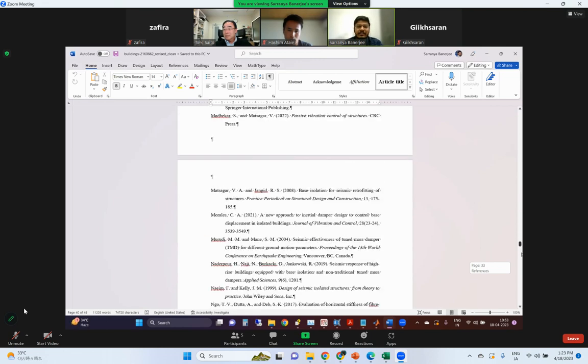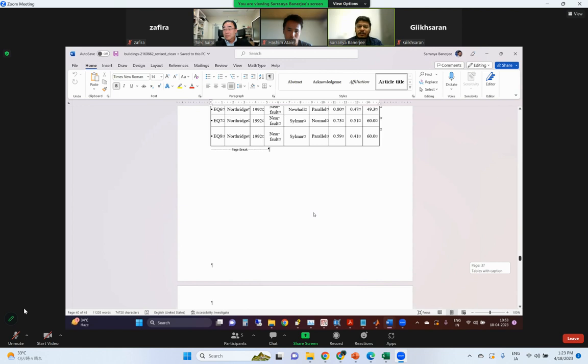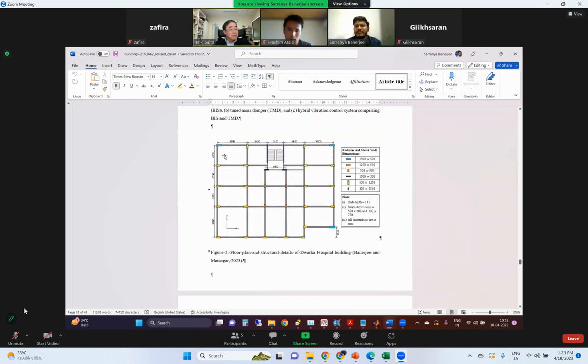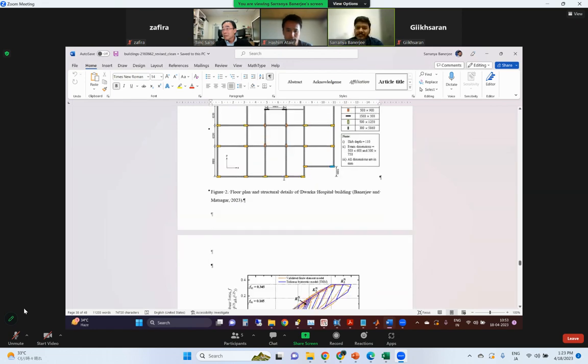In that paper I considered a real life hospital building in New Delhi, India, which I have shown in one of the presentations, where I used unbonded fiber reinforced isolators to isolate the building. This is the plan of that structure.